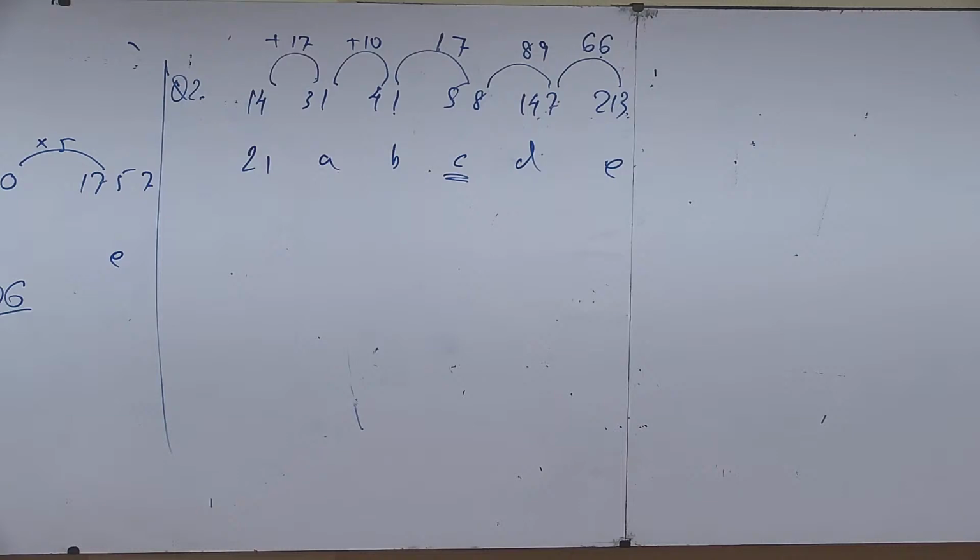What did you notice there? 17, plus 7, minus 7, and again 7 square, not 7 square, 89, then 66.